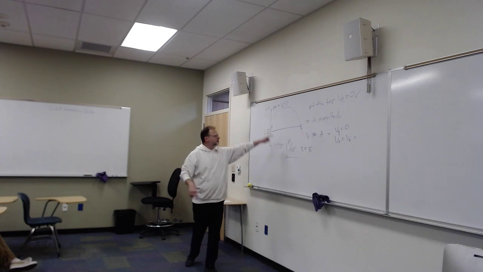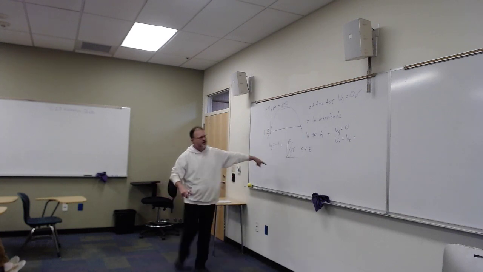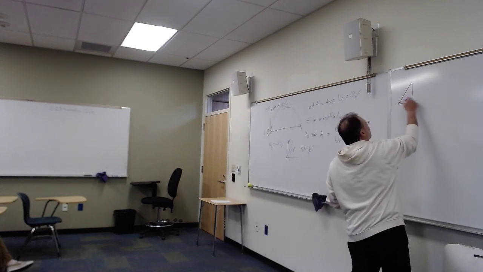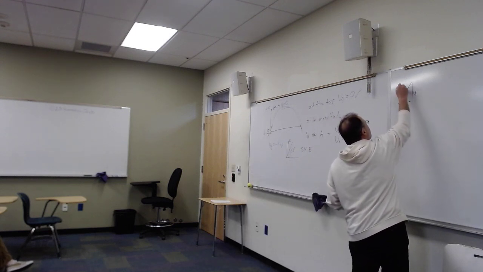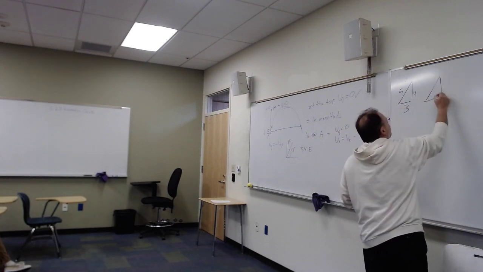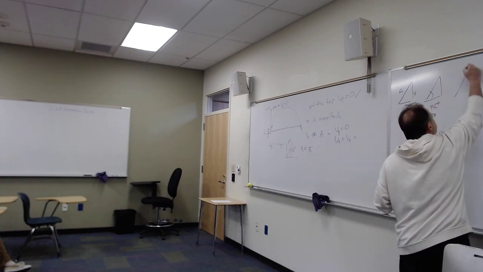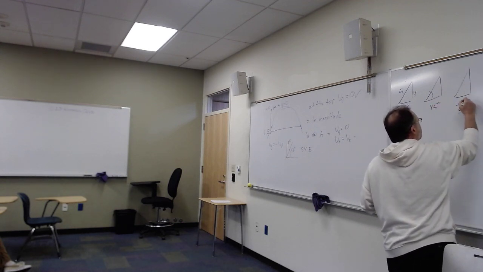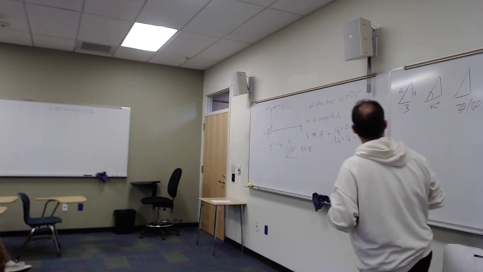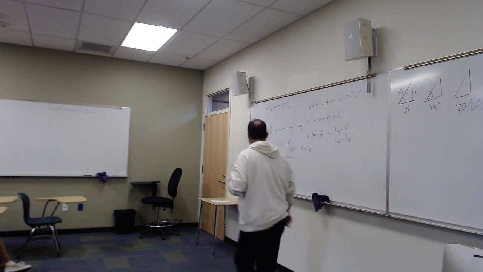I threw this one in here because we talked earlier about special triangles. There's 3 special triangles we should recognize: a 3, 4, 5 triangle, a 45-degree triangle, and a 30, 60, 90 triangle. These are very common. We will see these all over the place.